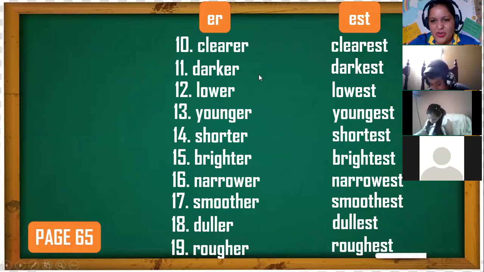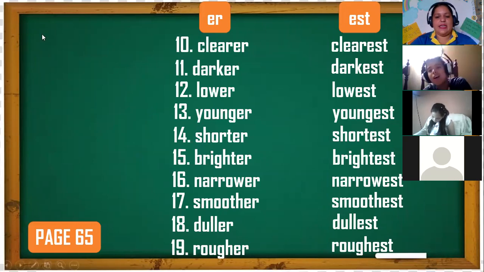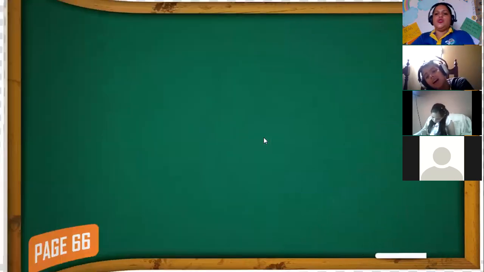Excellent, Brandon. Okay, so with this one, we already finished working on page number 65, and we already converted normal words into comparative forms using ER and EST. Now, let's continue to the next page. Move to page number 66, okay?